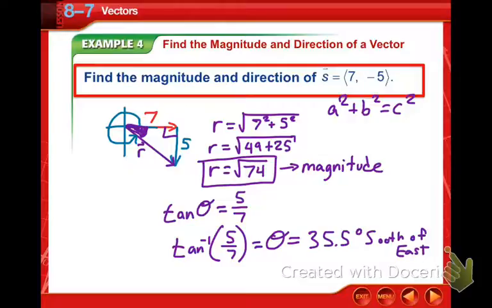Or we can subtract this number from 360, because we know a full circle is 360, and that will give us the entire distance, or the angle around the circle to get to this point.